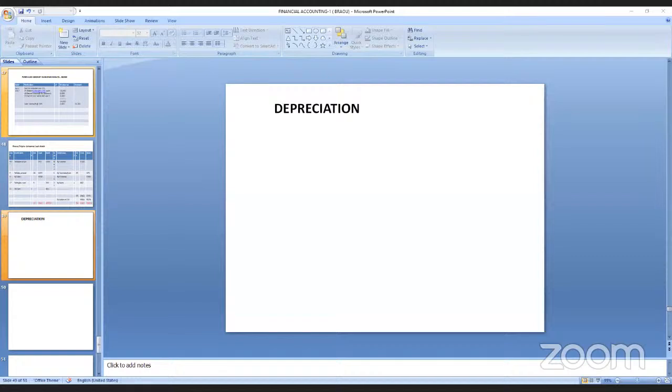How much will you get? 2,500. Here they have not given any percentage for making the depreciation. So you have to find out the depreciation amount, and that amount should be deducted from the values. Got my point?